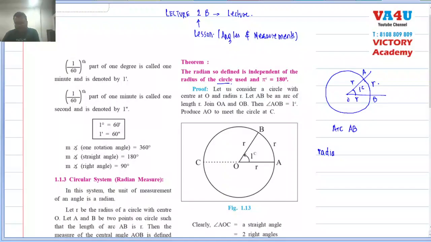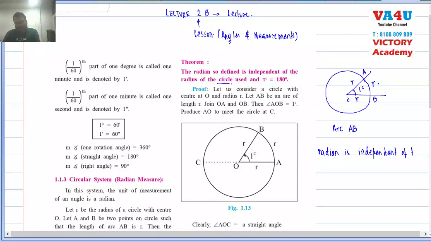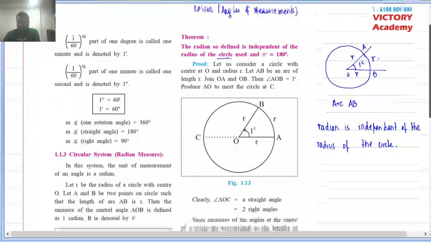Radian is independent of the radius of the circle. Okay. Now let's see one thing.